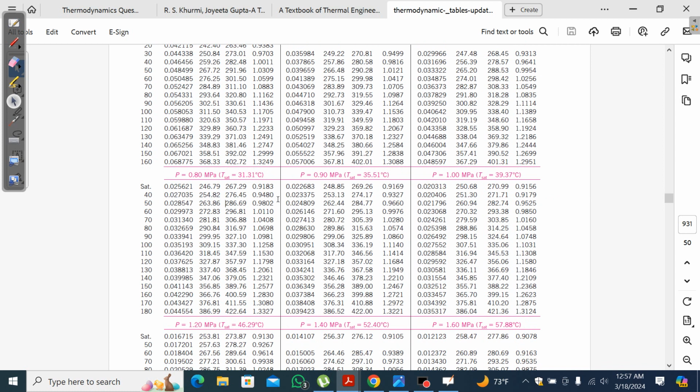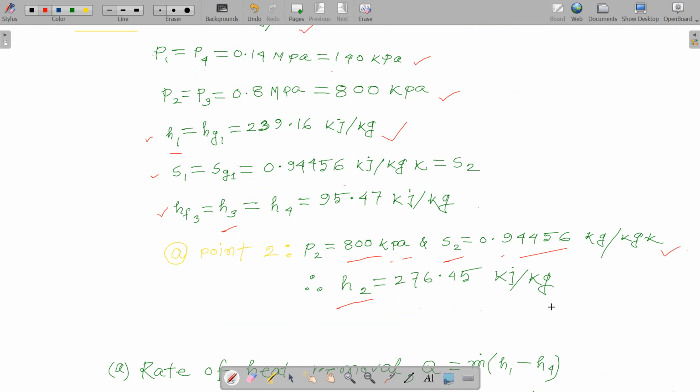Our entropy at point 2 was 0.9456. The enthalpy corresponding to this pressure and this entropy is 276.45. Alright, so that is 276.45. We got it.